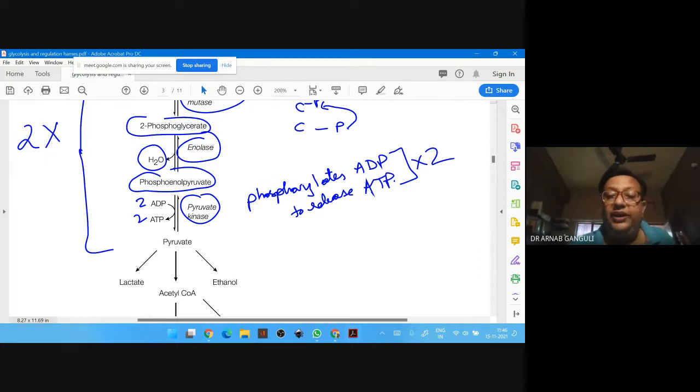Phosphoenolpyruvate, known as PEP, has higher energy than pyruvate.